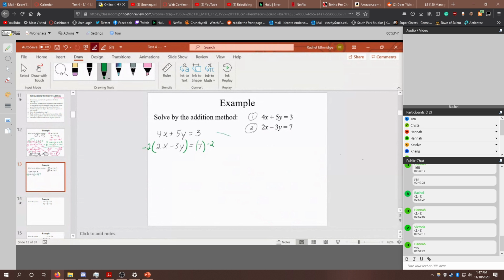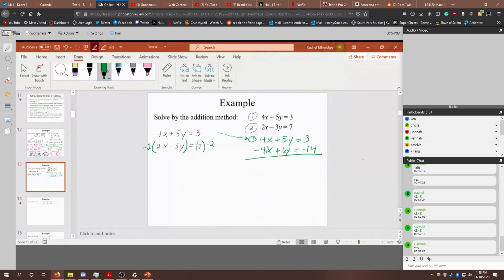So I'm going to bring equation 1 over here, and I'm going to have the same equation. I didn't have to multiply it by anything. This one's going to give me -4x. -2 times -3 is +6y equals -14.